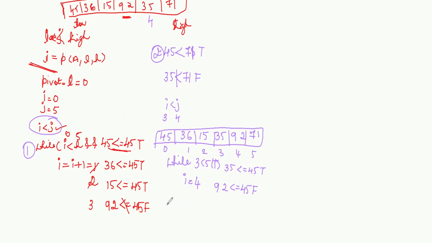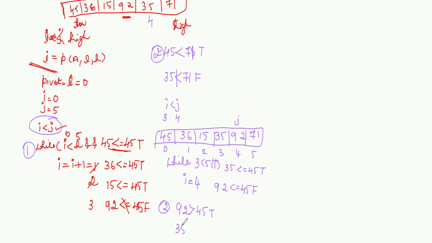Go to the next while loop, the second while loop, where I'm going to check the value of j. Now remember j is here. I'm going to check whether 92 is greater than the pivot value, which is 45. Yes, it is greater, which is true, and hence I'm going to decrement the value.